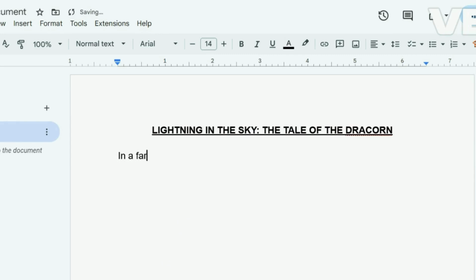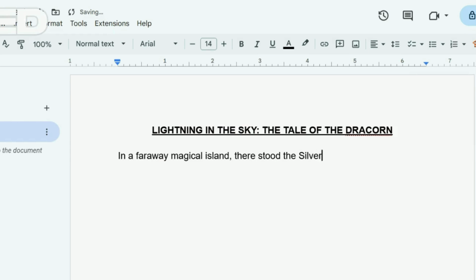In a far away magical island, there stood the Silver Cliffs. I should put the S in capital because it's a name.